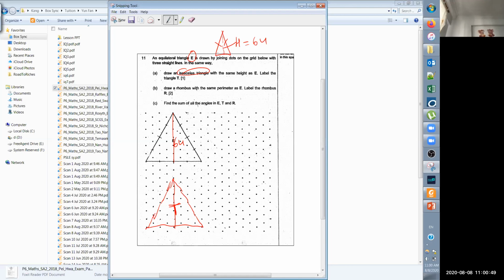So you have to find out what's the perimeter of this. So you have 1, 2, 3, 4. So you have 4U. This is a big U. And then there's 4U. And then this is also 4U. Can you see? 1, 2, 3, 4. 1, 2, 3, 4. So basically you have 12U. Okay? Rhombus 就是这样说。So 12U divided by 4.